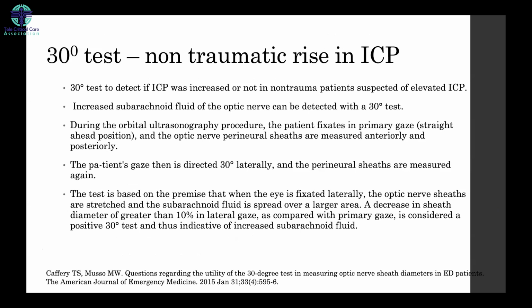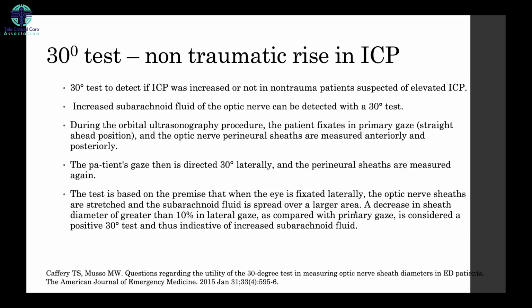During this, the probe placement is the same, and the patient is initially asked to fixate the gaze straight ahead, and then the optic nerve sheath is measured both anteriorly and posteriorly, and then the patient is asked to direct the gaze 30 degrees laterally. When this 30-degree lateral gaze happens, the optic nerve sheath or the perineural sheath gets stretched, and after it gets stretched, it is measured again.